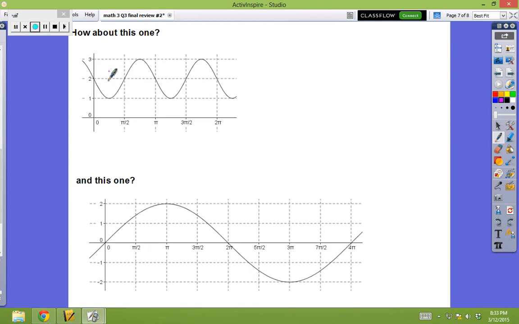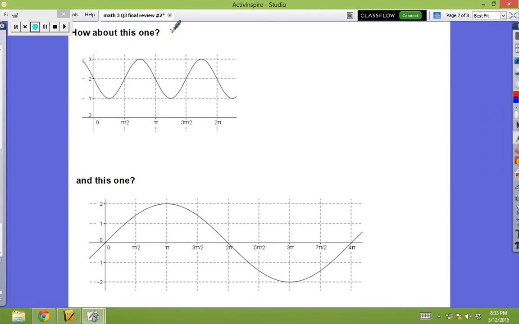Okay, let's look at this one. Now these are all from the parent function of sine. So sine starts at 0, goes up to 1, comes back down to 0, goes to -1. That is the sine. So this one looks like it's been shifted up, but it's been flipped upside down, because it should start at 0 and it should go up and then down.